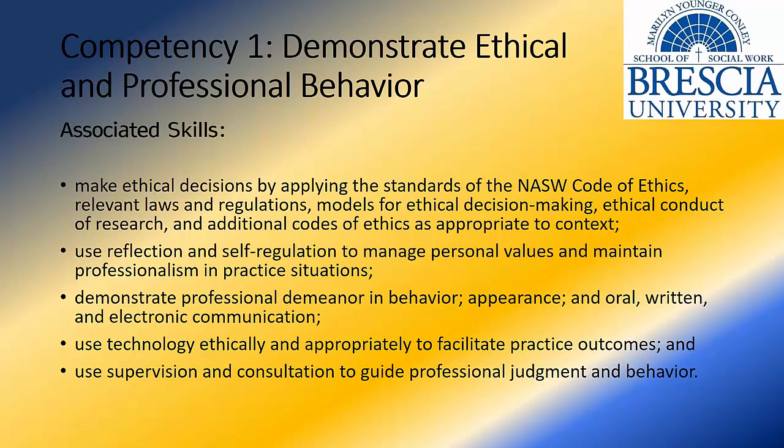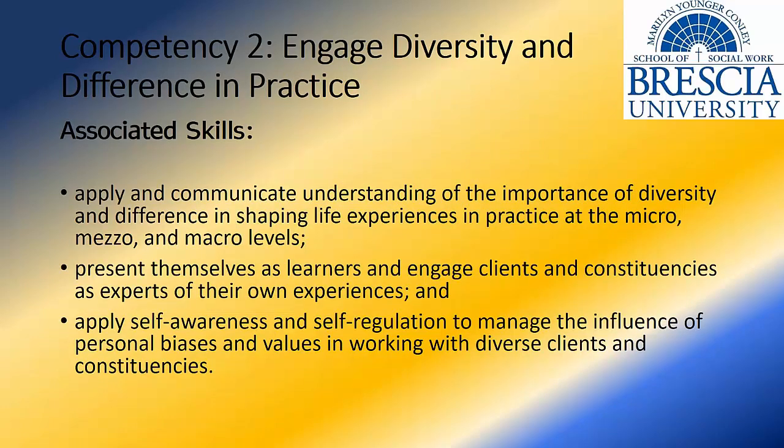Using reflection and self-regulation to manage personal values and maintain professionalism in practice situations, demonstrating professional demeanor in behavior, appearance, and oral, written, and electronic communication, using technology ethically and appropriately to facilitate practice outcomes, and using supervision and consultation to guide professional judgment and behavior.